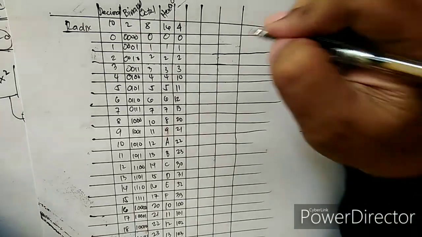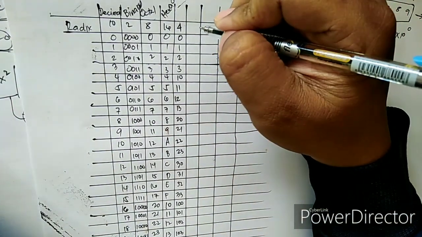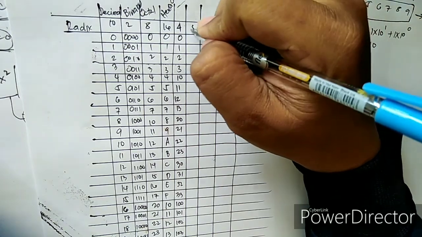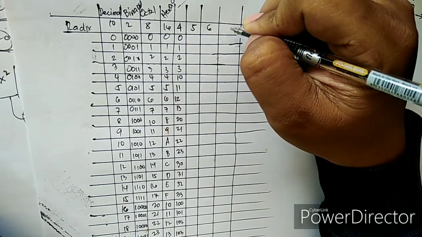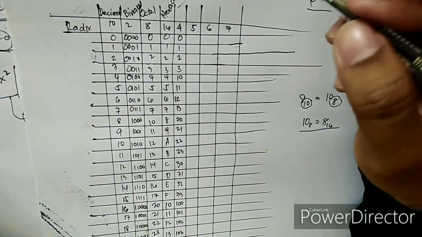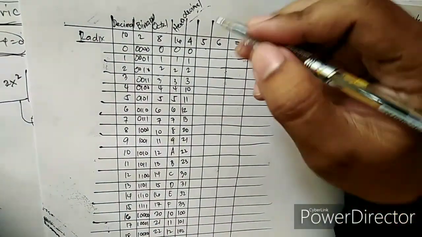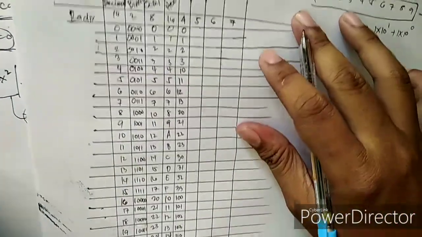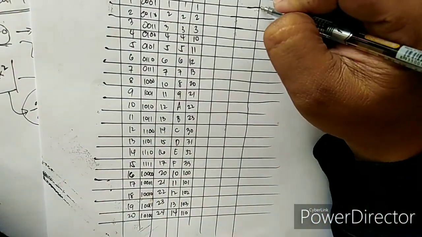So that's the table. In your assignment, you write this table for bases 5, 6, and 7. So you complete this table up to 20. I will be posting an assignment in Canvas.